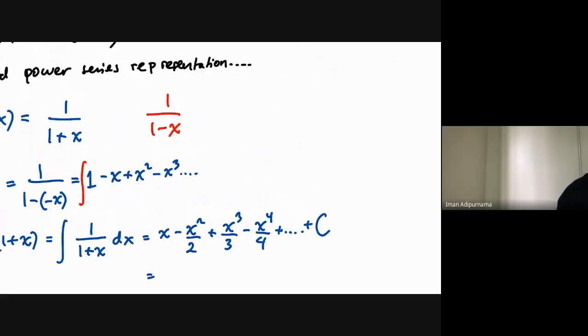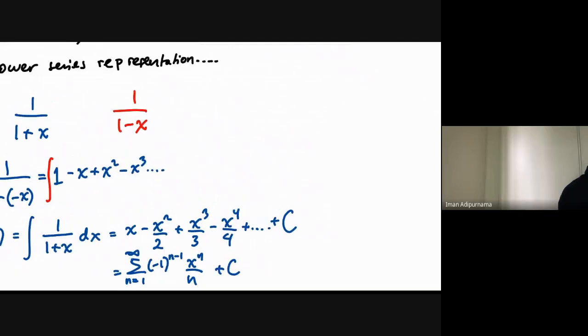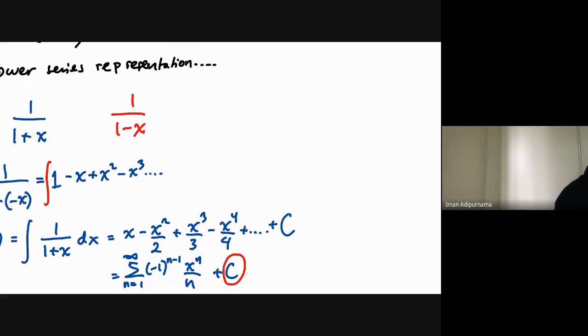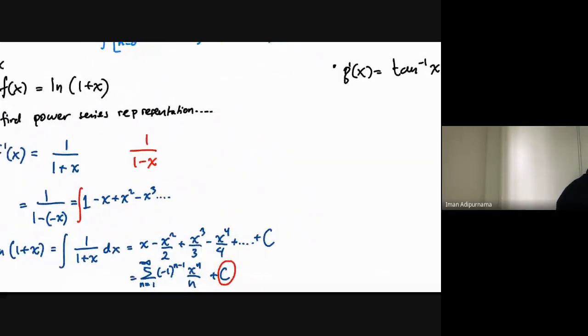Now this is a sum. Because we still have this big C here, we can check some x.